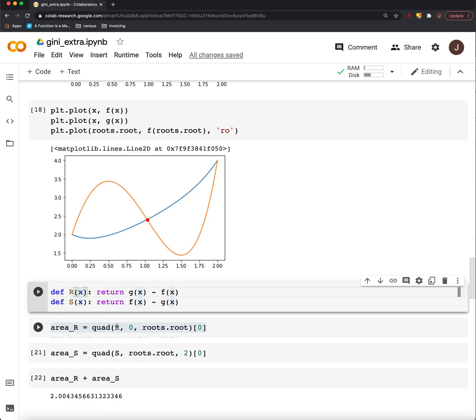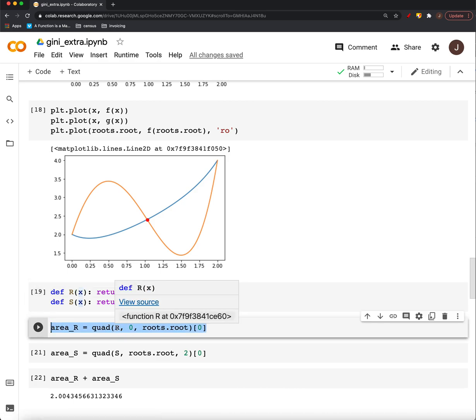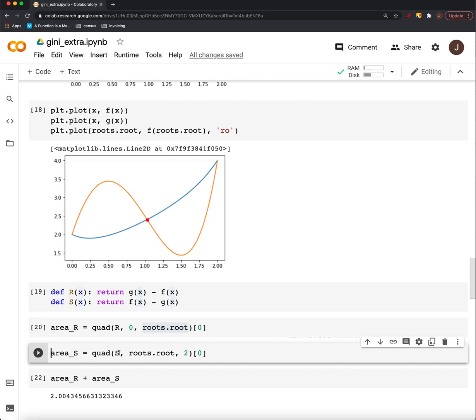The first region, area under R, is that function R from 0 to where our root was. And then S is from that root to 2.